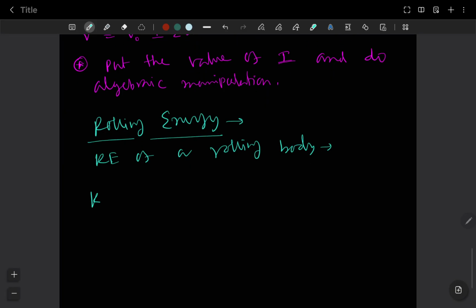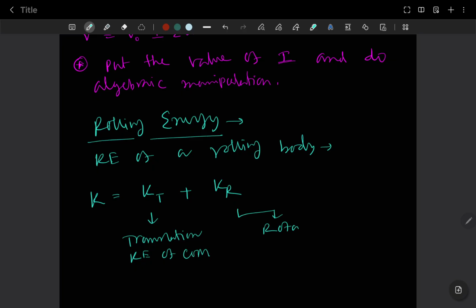See here, the kinetic energy will be the kinetic energy for translation of center of mass plus the rotational kinetic energy about center of mass.